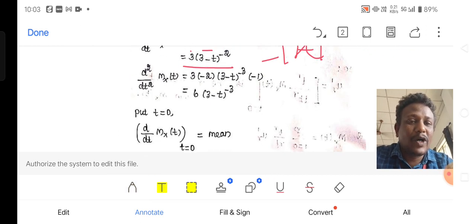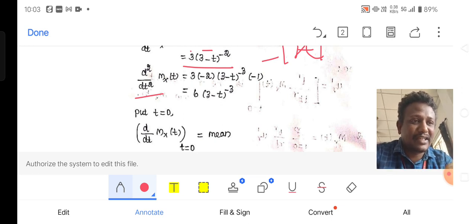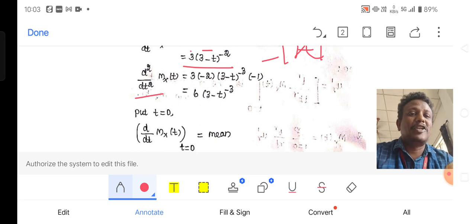Now find the second derivative of M_X(t). That means you have to differentiate the function one more time with respect to t. We have already differentiated with respect to t one time, and that answer should be differentiated another time with respect to t.